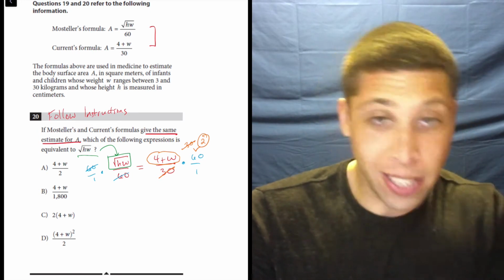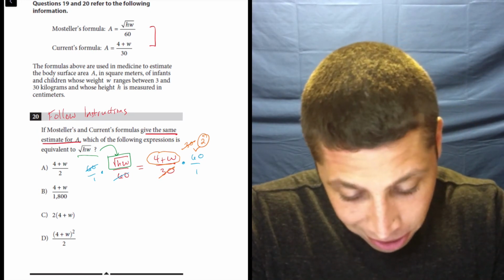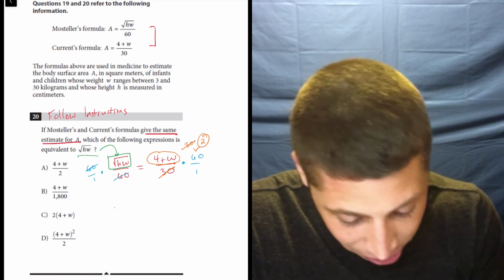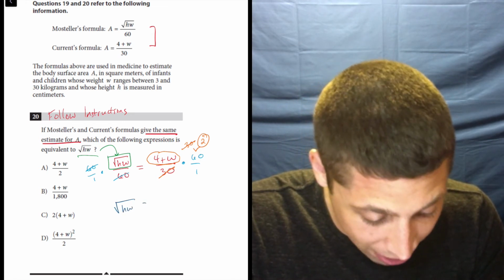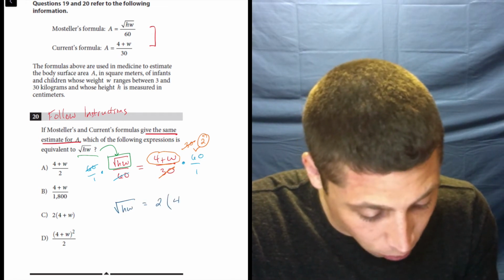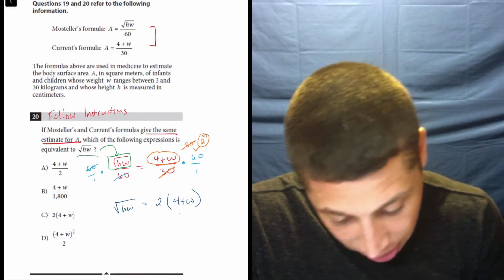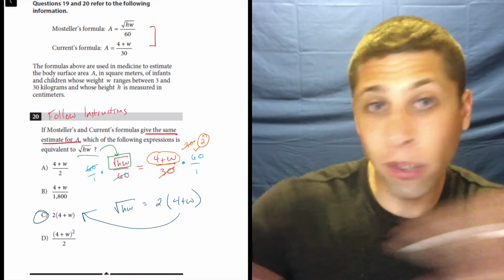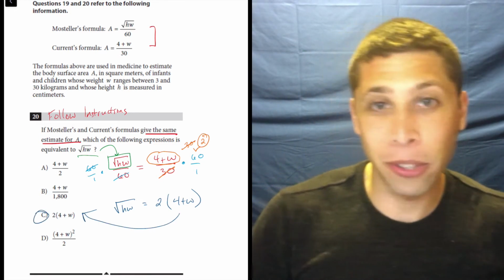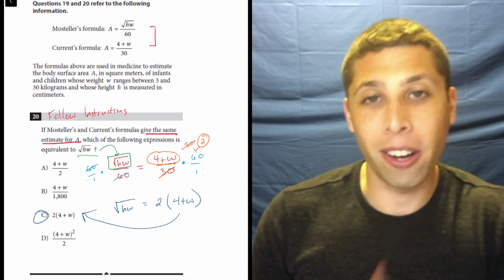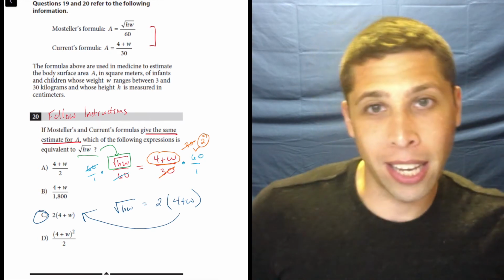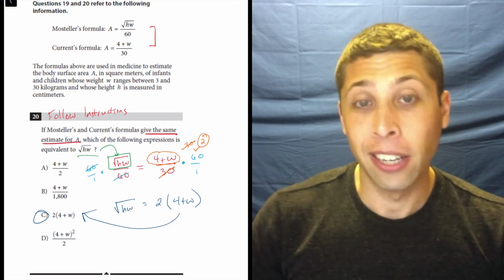And so, yeah, I could distribute it, but this is a good example of why you shouldn't get ahead of yourself and should just show every step. 2 times 4 plus W is an answer choice. So I don't need to distribute it out. I think a lot of people sometimes get this wrong because they do distribute it, and then they say, oh, my answer's not here.